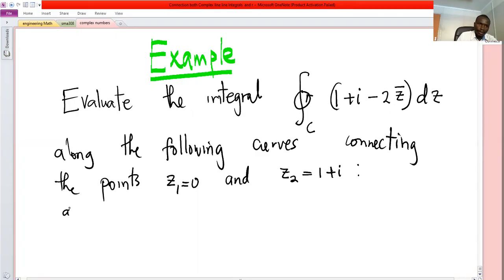So the first part, A, the straight line connecting z1 and z2.